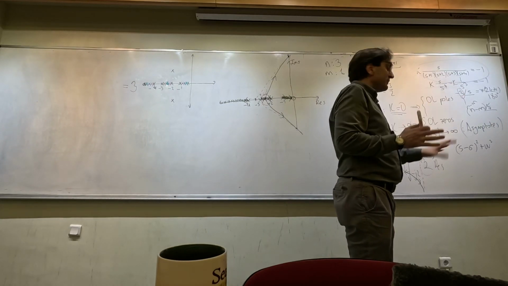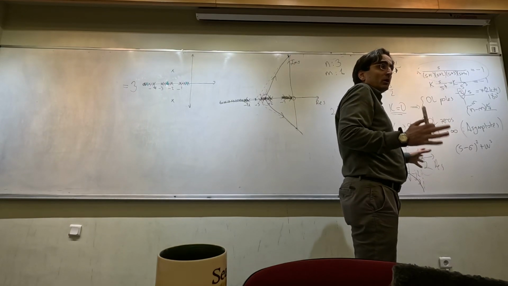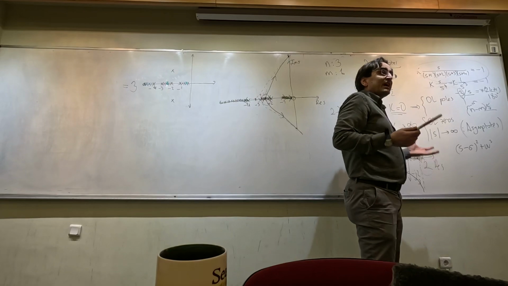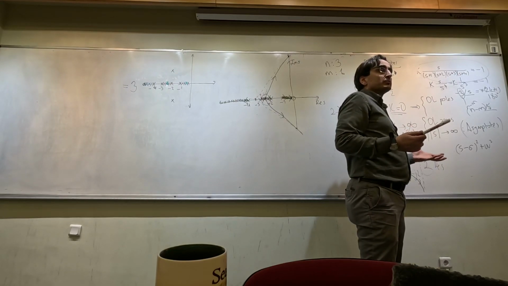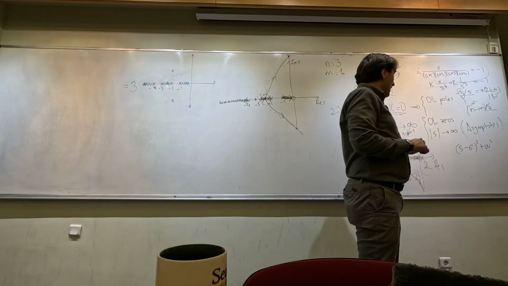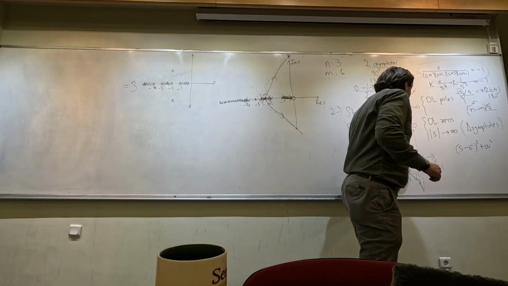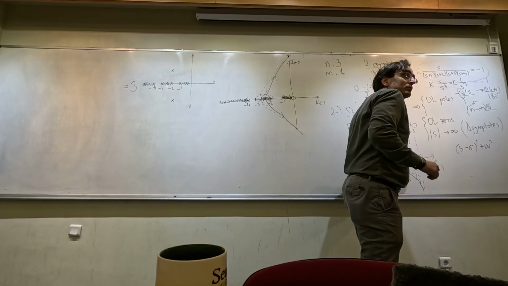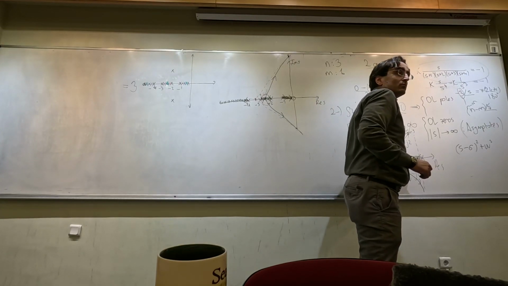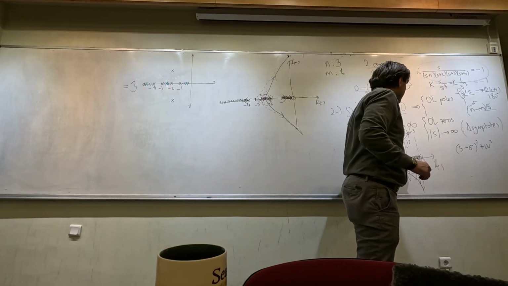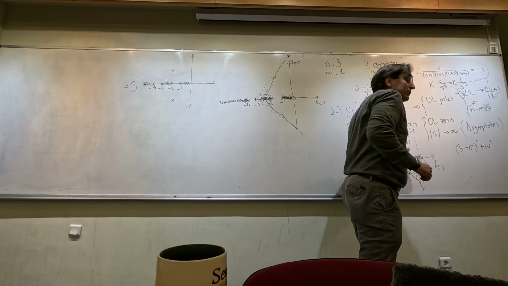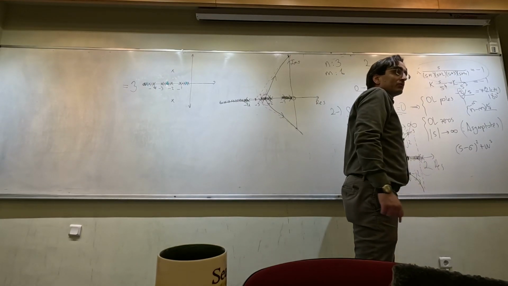So if this system becomes stable at all, it's going to be somewhere in the middle. So which k values should I check in order to find whether this system can be stable or not? I can check at which k value this closed loop pole is somewhere here at s equals 0, and I need to check at which k values these two closed loop poles would intersect the imaginary axis.